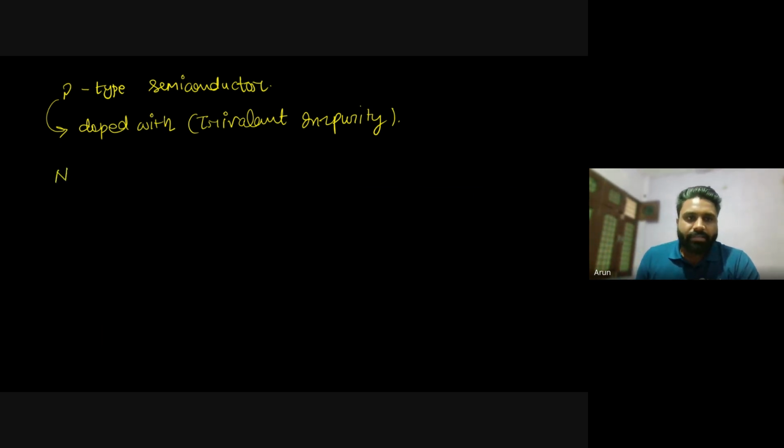And the n-type semiconductor is doped with what? A pentavalent impurity.